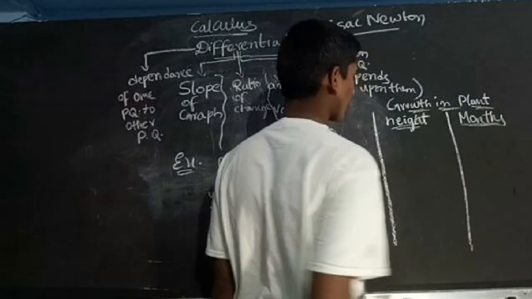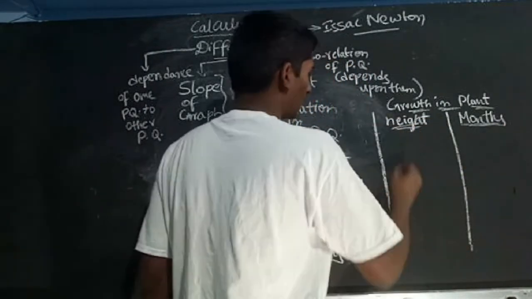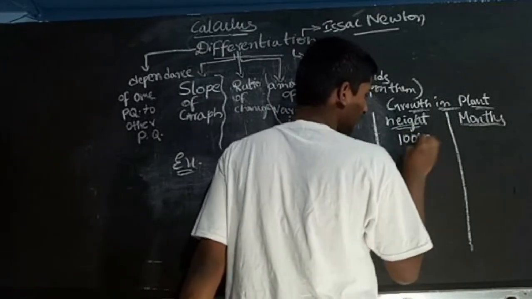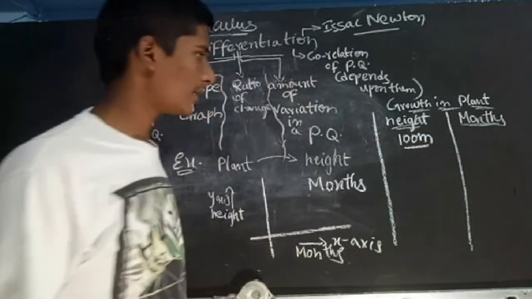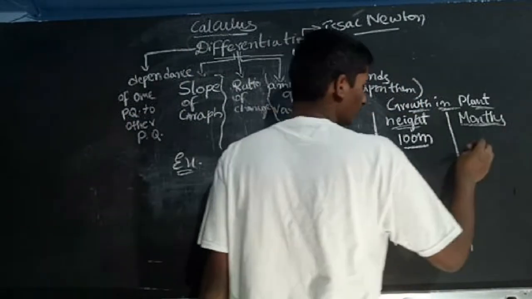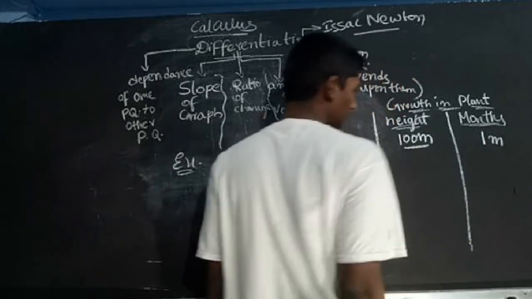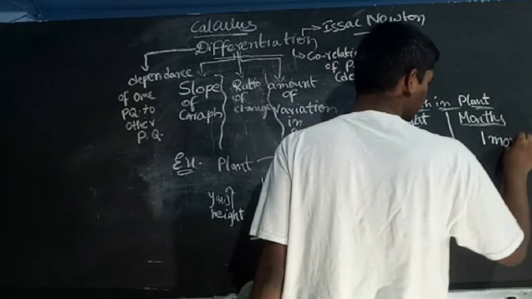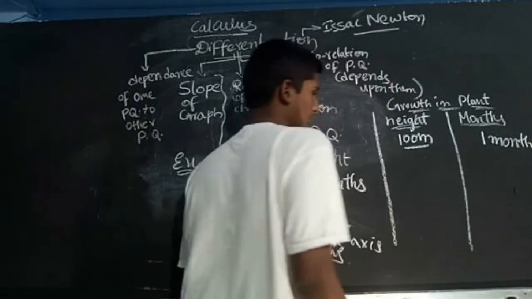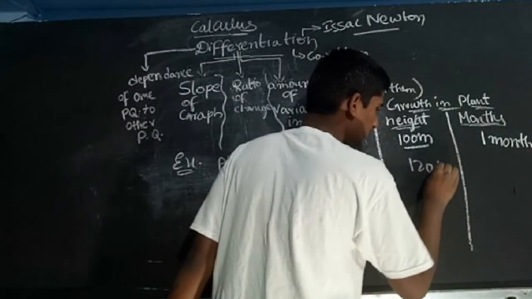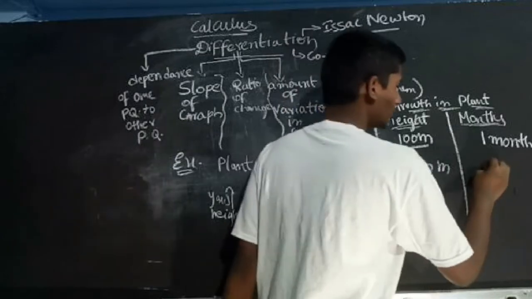Here, height, suppose we take a height of 100 meters, then here we take 1 month. Then after that I will take 120 meters in 2 months.